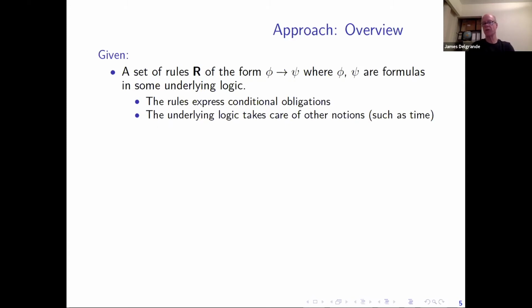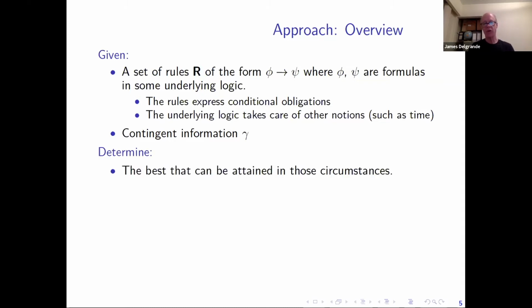So if something's true now, then later on you should do something, and so on and so forth. But one way or another, the rules express conditional obligations. So we've got a bunch of rules. We also have some contingent information, I'll call gamma. So it happens to be the case that you're out and you're eating pizza, for example.